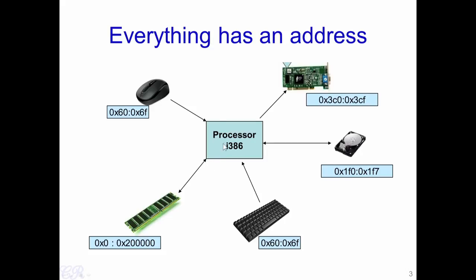For example, if the processor puts out the address 0x1F2, then only the hard disk will respond, because 0x1F2 falls within this particular range of the hard disk. If you look at something else like the mouse, which has an address range of 0x60 to 0x6F, it is not going to respond to the processor's request.